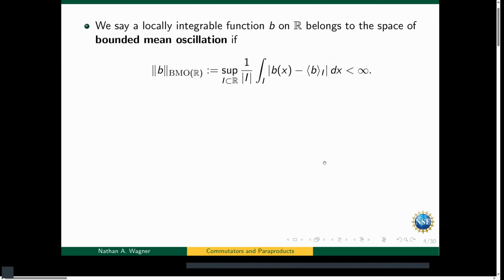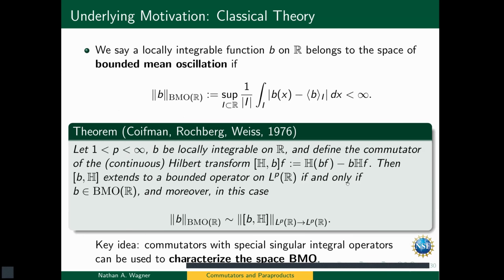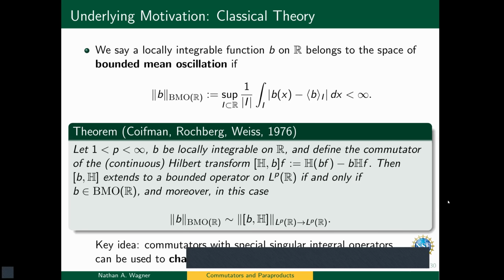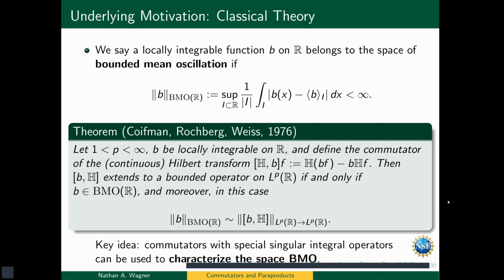And okay, the importance of this space, well, it's important for many reasons. One is that I told you that it is sort of an endpoint counterpart to L infinity, but it also characterizes the operator norm of commutators.